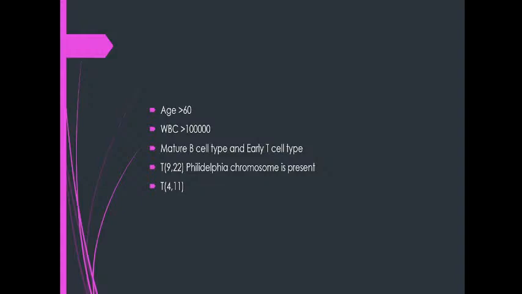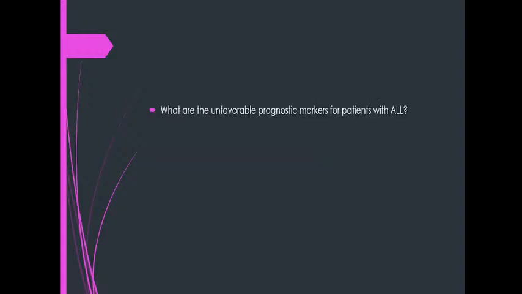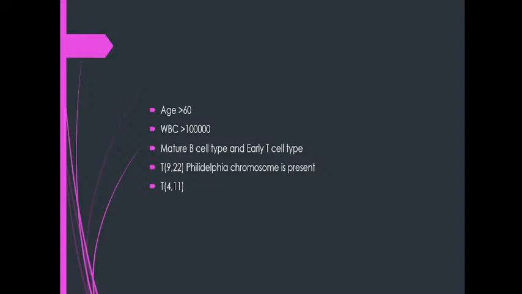Translocation 4;11 is also present. Hindi maganda ang outcome usually niyan. So, these are poor or unfavorable prognostic markers, and these are the things that you need to take into consideration.